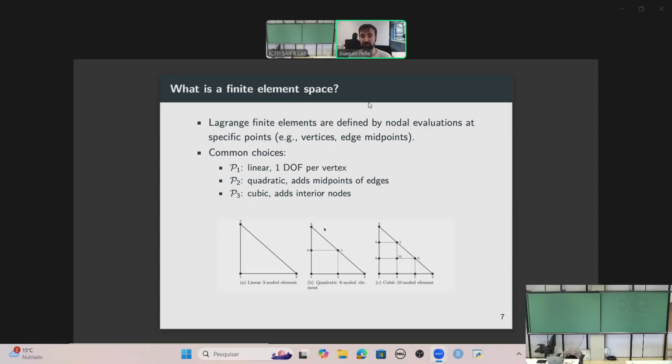So now if I have any function that is not necessarily a polynomial, I can project it to one of these spaces, basically by demanding that when I evaluate the projection on the nodes, it has the same value as the function itself evaluated on the nodes. So basically, I am using the degrees of freedom to define how to project any function here. And this is an idea that we're going to use in a moment.